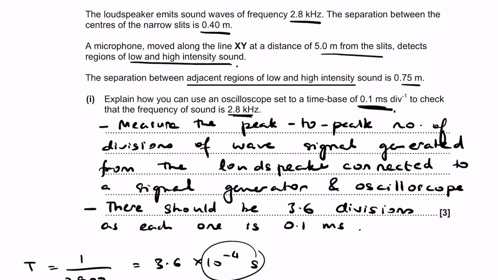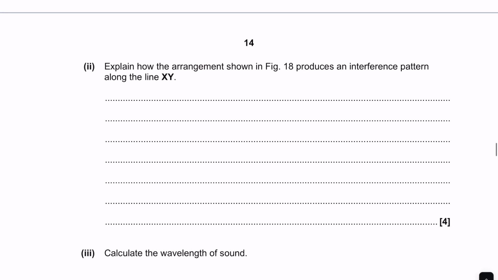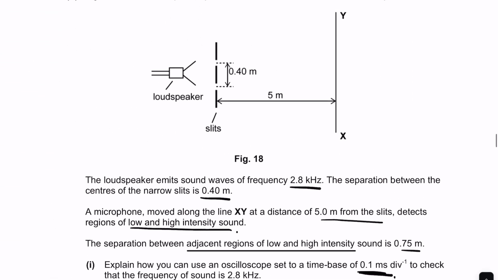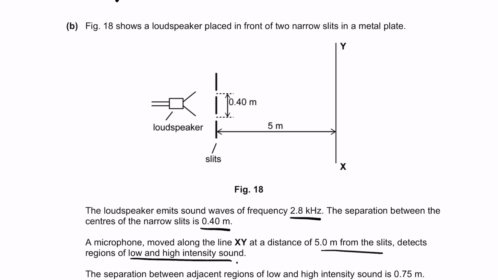So let's move on to our next part, which says explain how the arrangement shown in figure 18 produces an interference pattern along the line XY. So let's go back up. We know that as the loudspeaker is producing sound, the two slits will cause diffraction to happen.